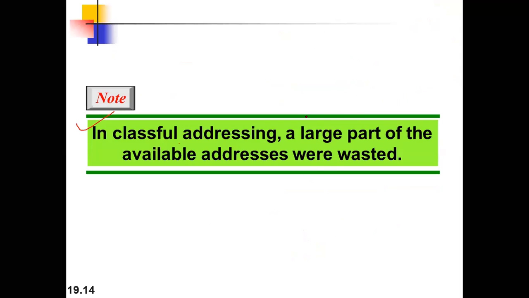The problem that we have is that in classful addressing we have a large part of addressing, and if it is not required by our network, then we are just wasting the addresses, and IP addresses are very costly, right?